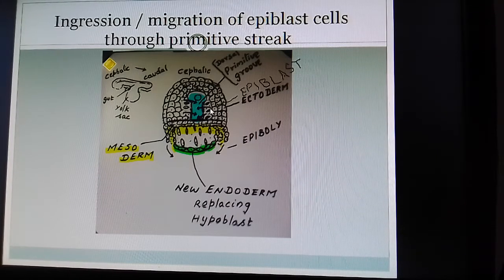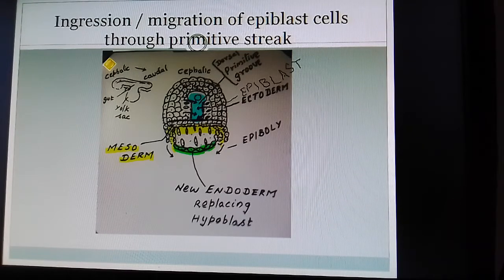And one more thing, now here the disappearance of this primitive groove is said to be regression, and the inward movement of the epiblast cells through this primitive groove is said to be ingression. Now this would be a good example for the process of ingression, that is the epiblast cells get modified to become mesoderm, endoderm only when they pass through the primitive groove.